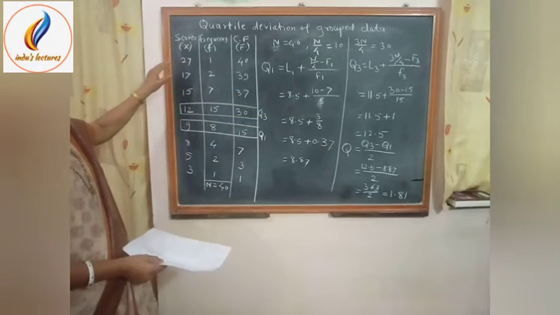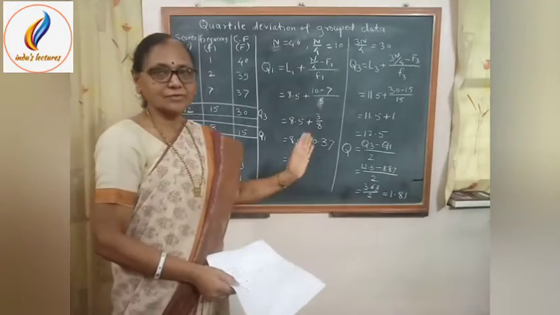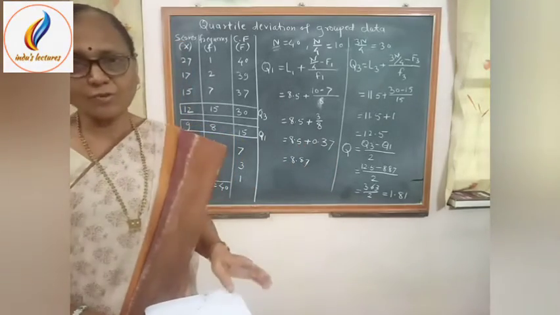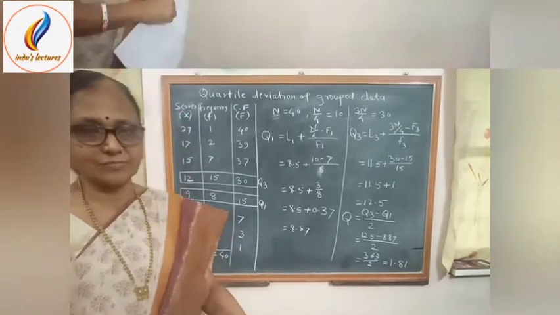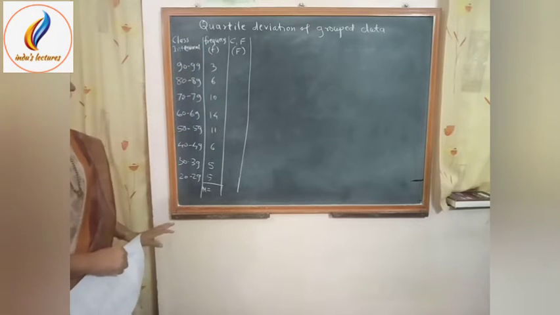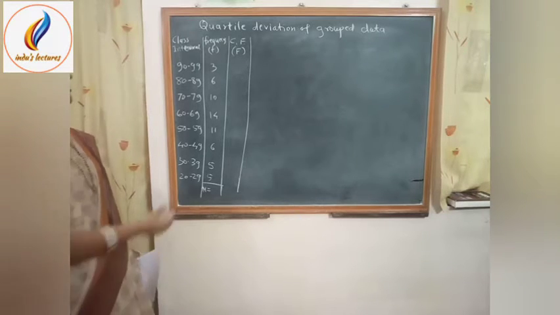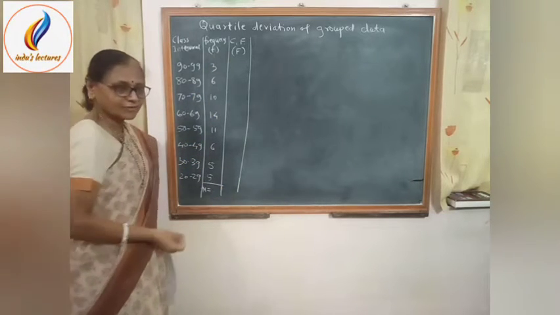The data is given in the form of scores and frequencies. Next, we will consider the data in the form of class interval and frequency. This is the example in which class interval and frequencies are given. Now we have to find quartile deviation, so we have to calculate cumulative frequency.